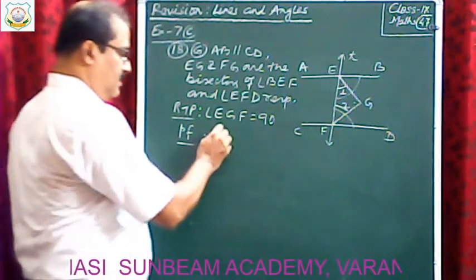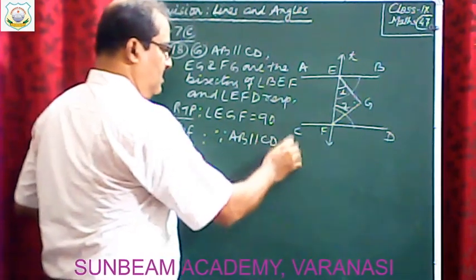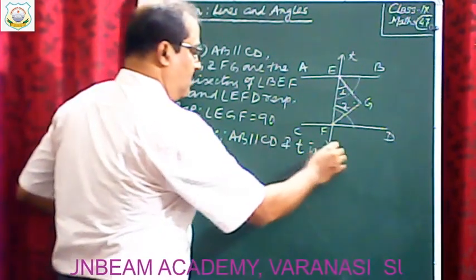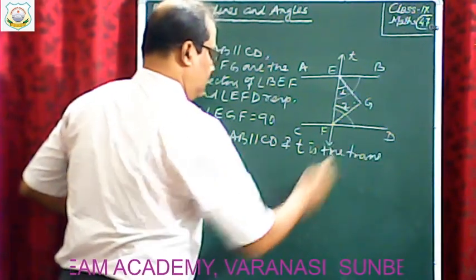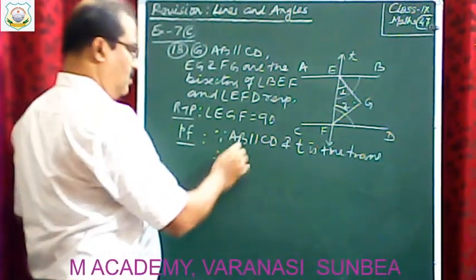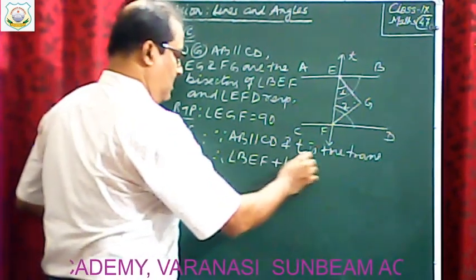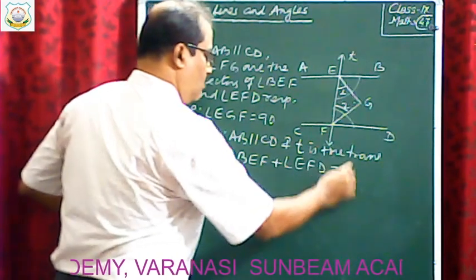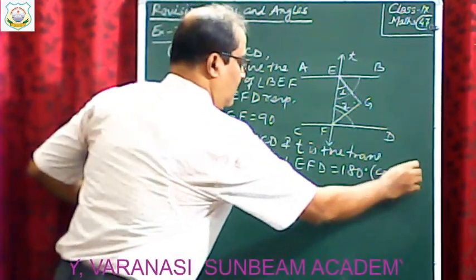Right? Since AB parallel to CD and T is the transversal, therefore angle BEF plus angle EFD equals 180 degree, co-interior angles.